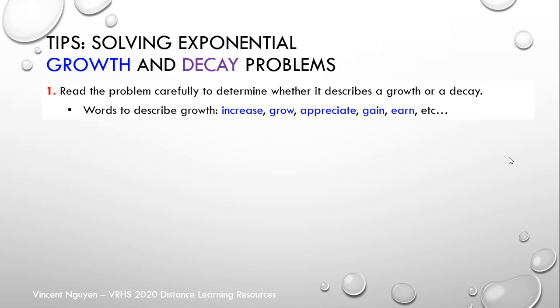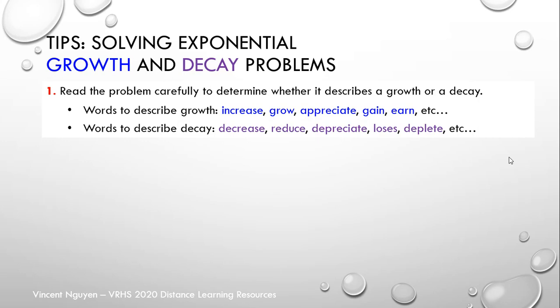Words that describe growth would be increase, growth, appreciate, gain, earn, etc. There are so many words, but these are some of the most commonly used. Words to describe decay would be decrease, reduce, depreciate, losses or loses, deplete. That's a big word, deplete, etc.